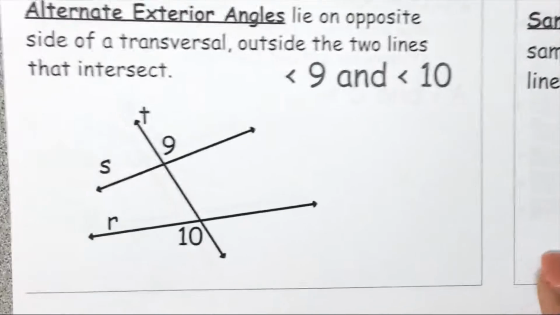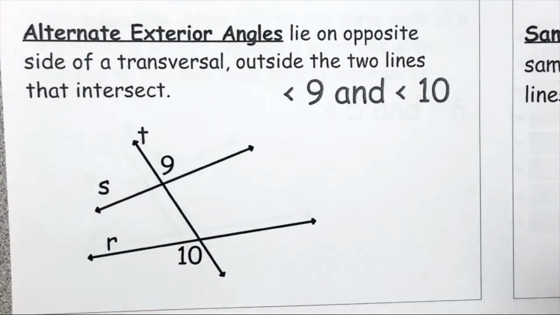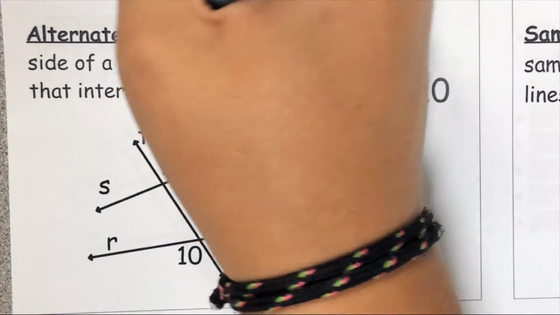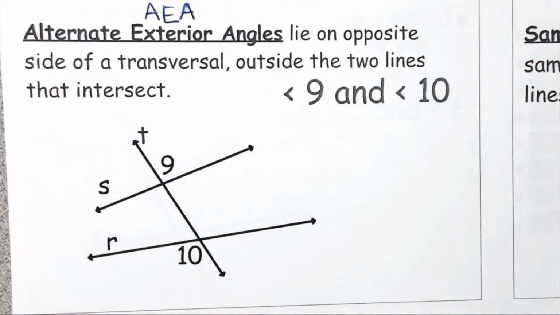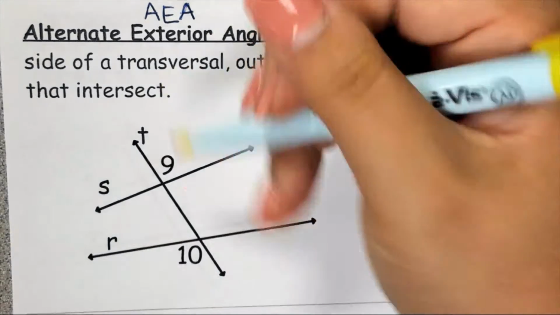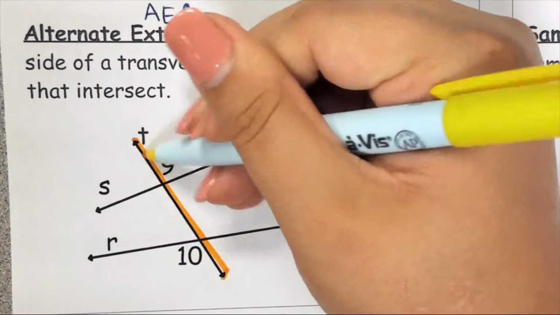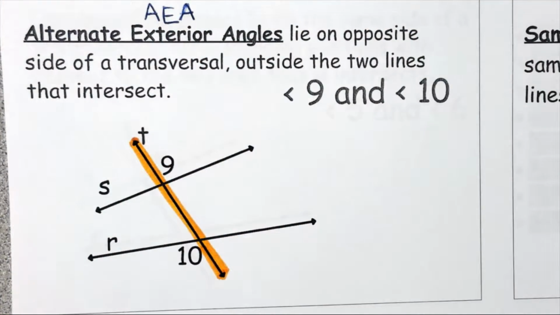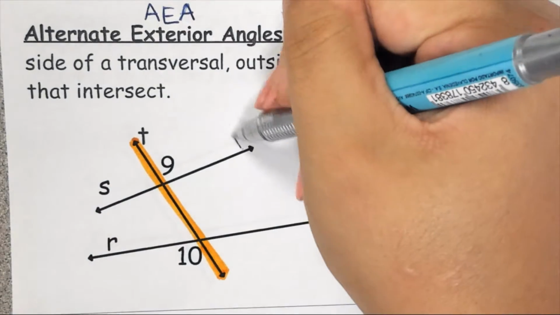Next vocabulary word is alternate exterior. And guess what we call this one? AEA. So again, you have your transversal T. Your alternate exteriors are on opposite sides of the transversal and outside of the two lines.